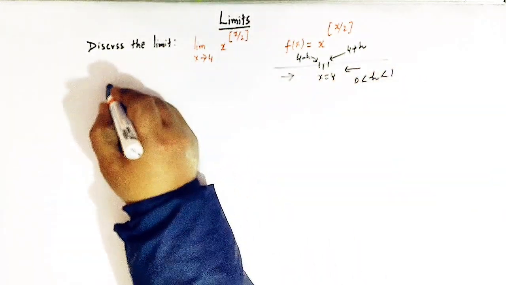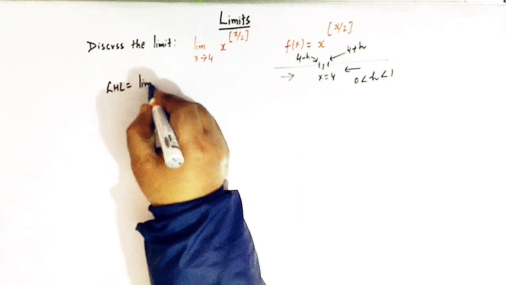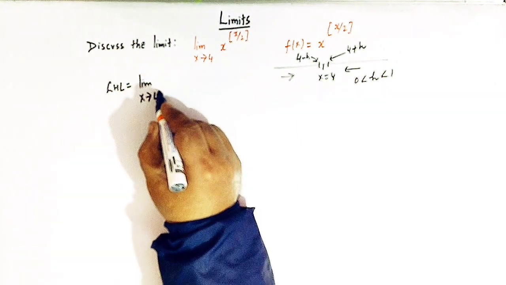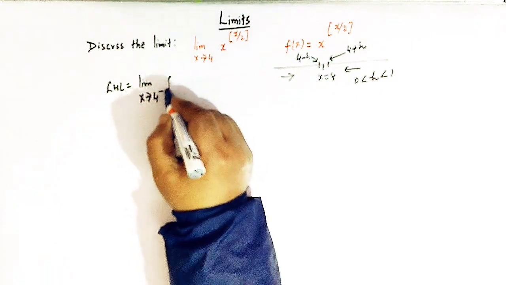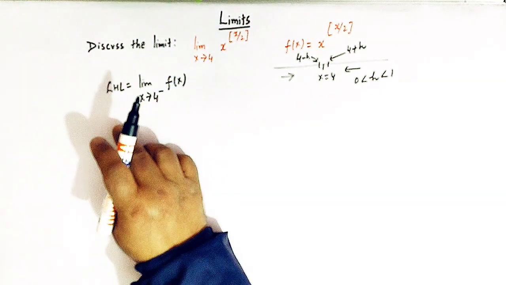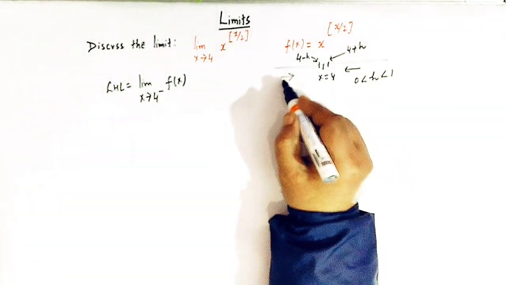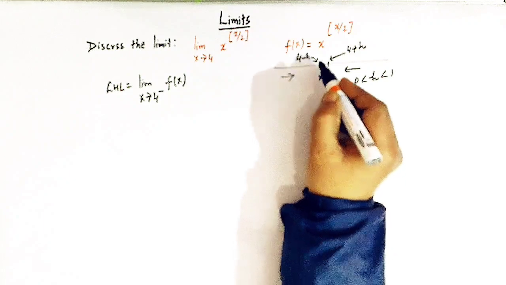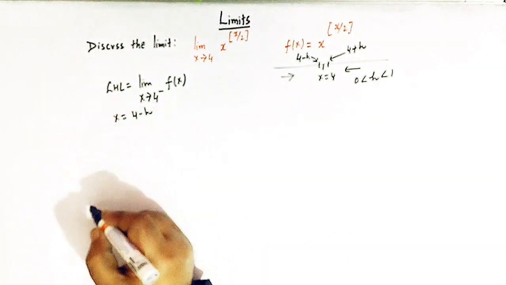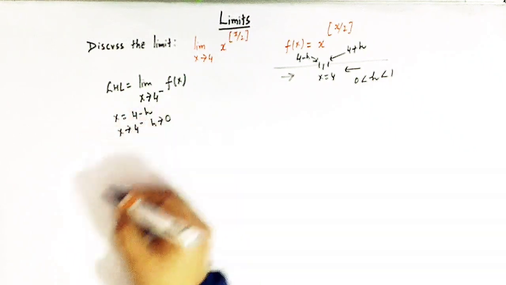So the left hand limit of this function may be written as limit x tends to 4 minus, and here we have f of x, right? Okay, so now when we approach x is equal to 4 from the left of x is equal to 4, we have x is equal to 4 minus h. And when x tends to 4, then obviously h tends to 0.